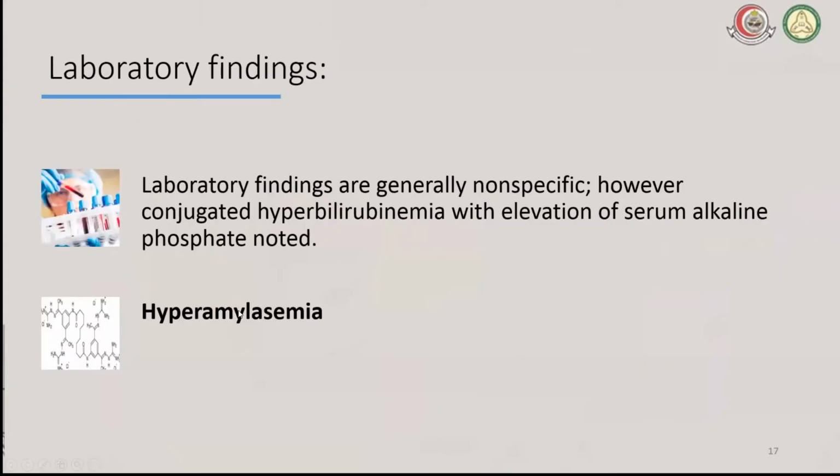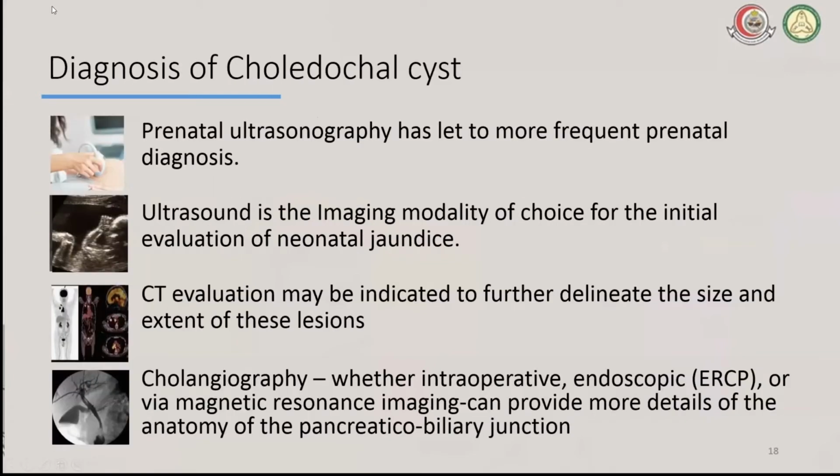The hyperamylasemia, or the amylase level in the pancreatic duct, was analyzed in the endoscopic evaluation. So the diagnosis can now be picked up prenatally, and as we said, the ultrasound is actually enough for the diagnosis and even to proceed to surgical intervention, in my view. Further radiological evaluation will just add more anatomical detail about the site of the malunion of the pancreatic duct, but this will not change the plan of surgical intervention.